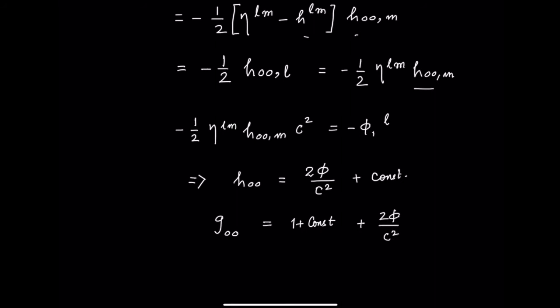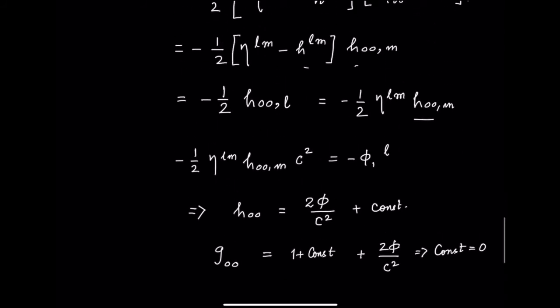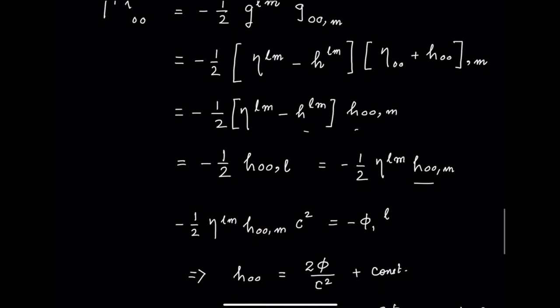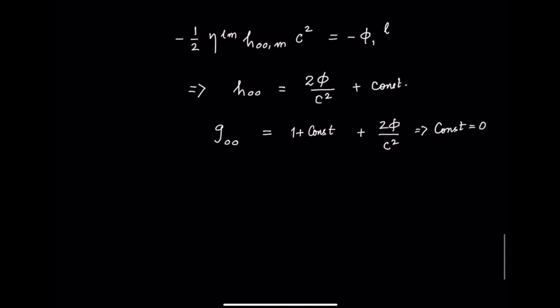Well, that cannot be true unless the constant is 0, because g00 where there is no phi should be 1, the special relativity metric. So the constant is 0.